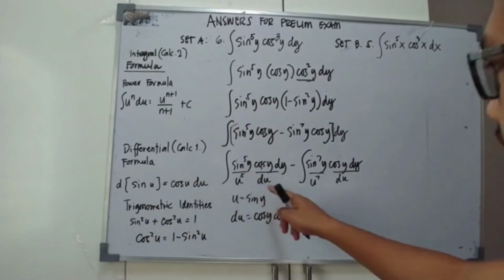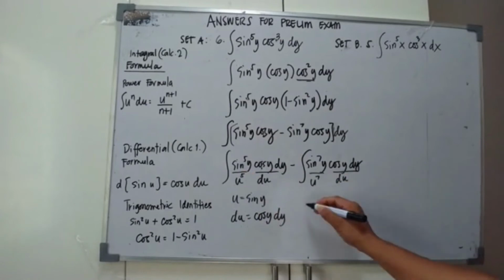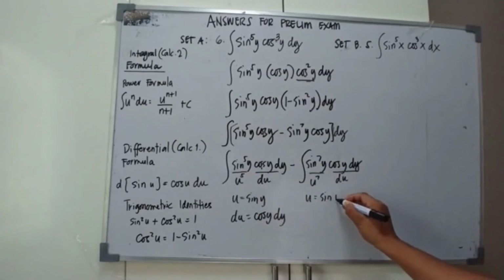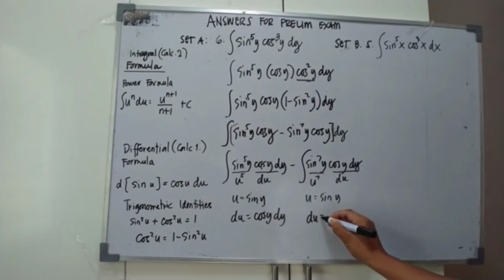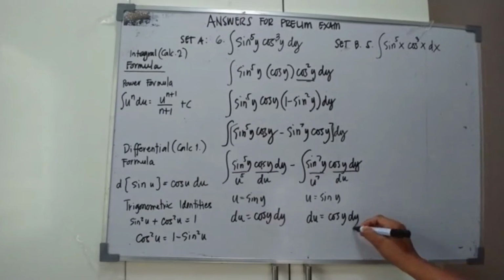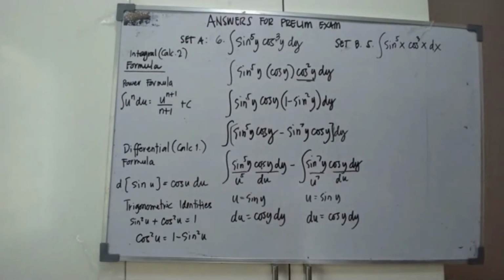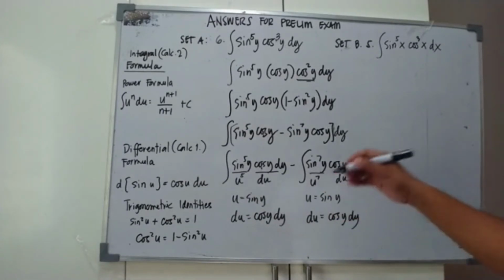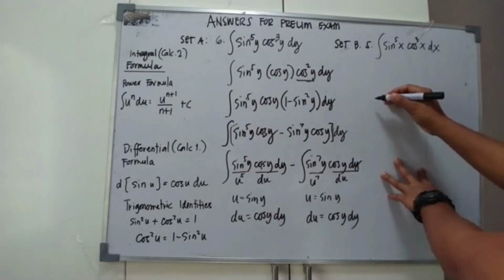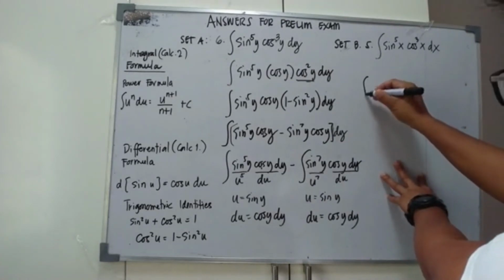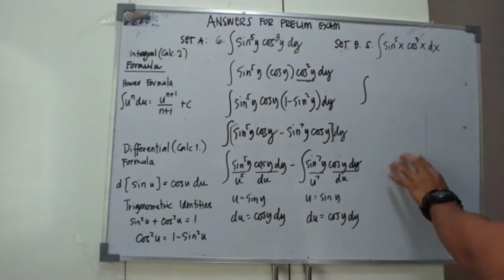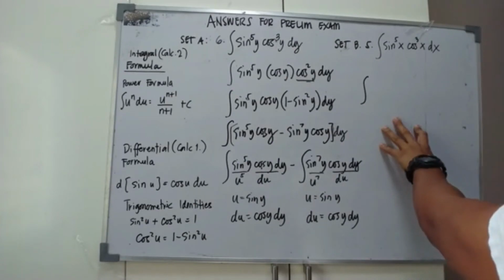So, u du, same thing here. Your u is sine of y, and your du is cosine of y dy. You will use the power formula. So, continuing, for the integral, substitute the value in terms of u.